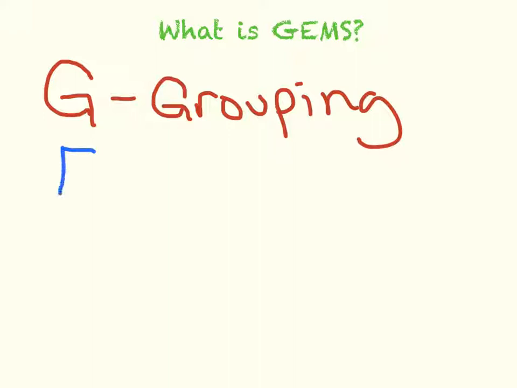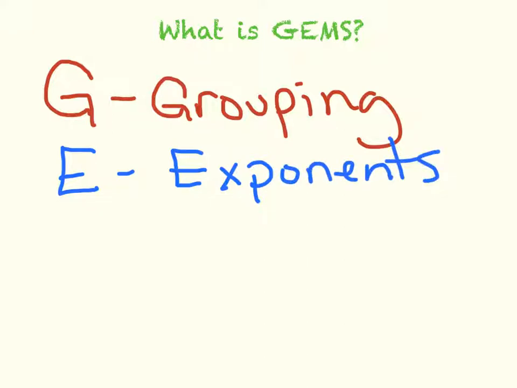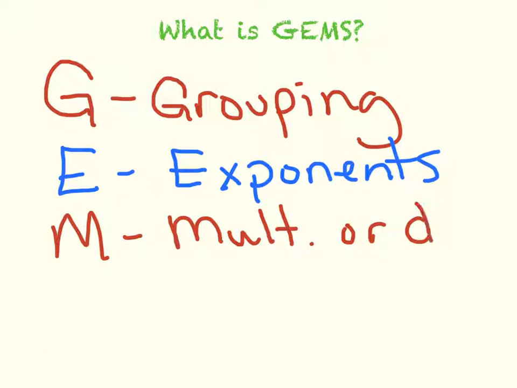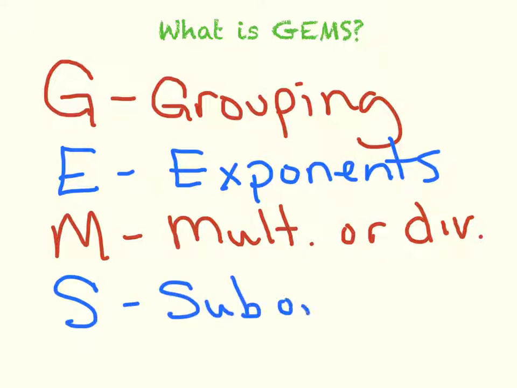the E stands for exponents, the M stands for multiplication, I'm going to abbreviate this here, or division, or I like to say multiplication processes, because we know division is an inverse operation of multiplication, and S for subtraction or addition.